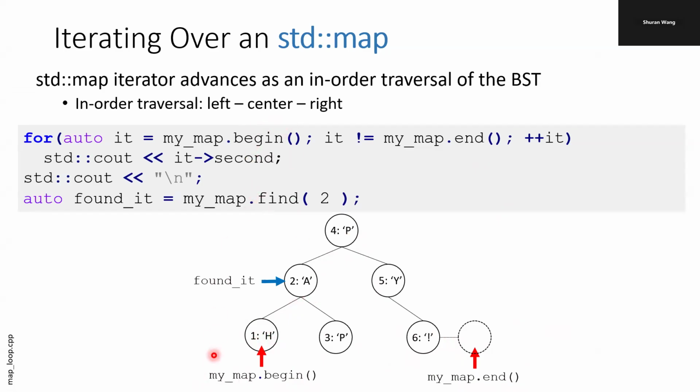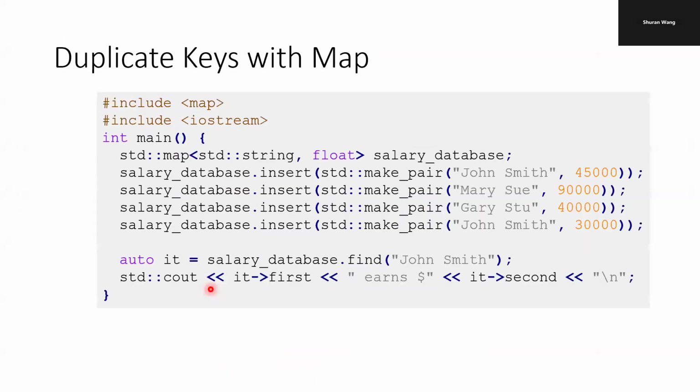And find will go from begin and do an in-order traversal until it finds the item.